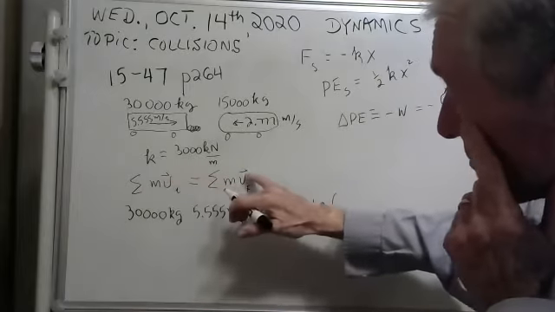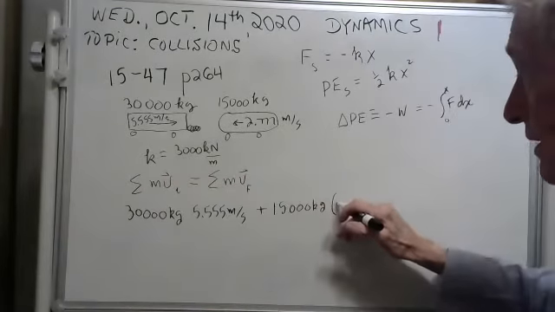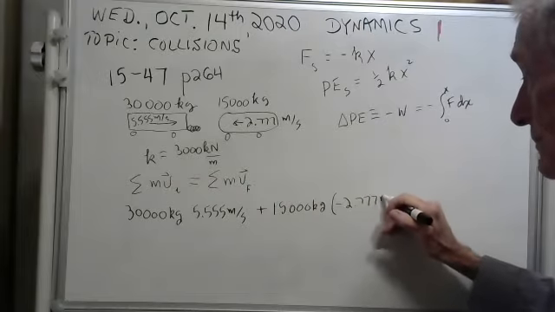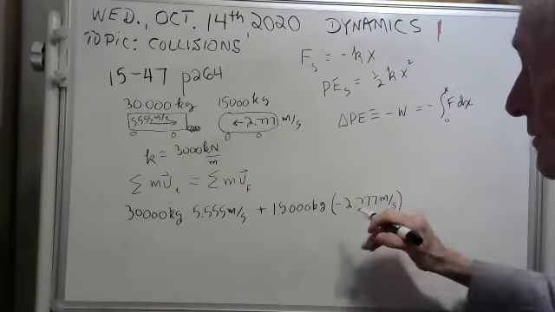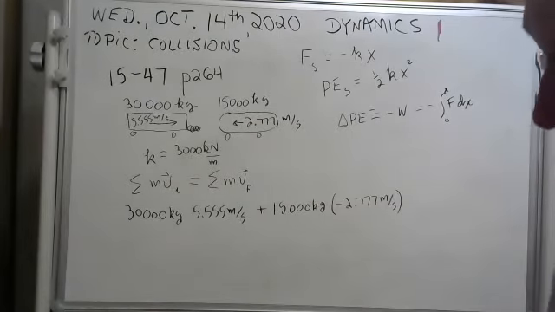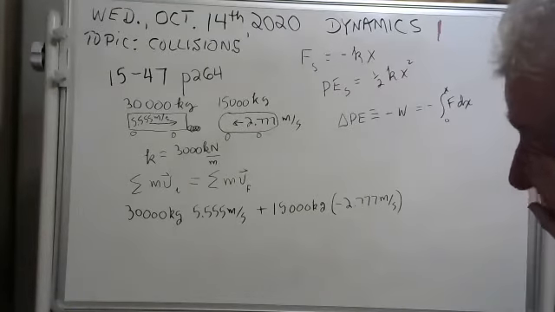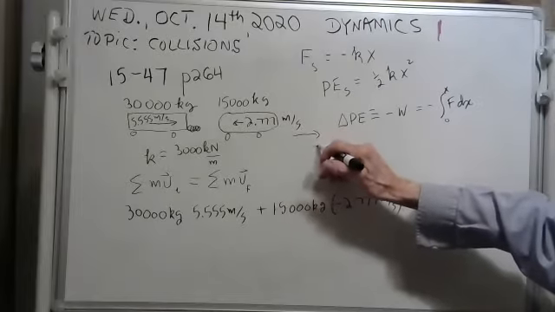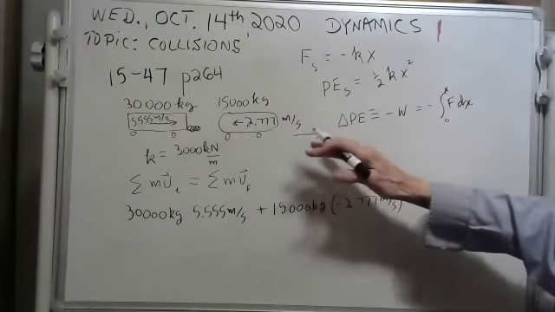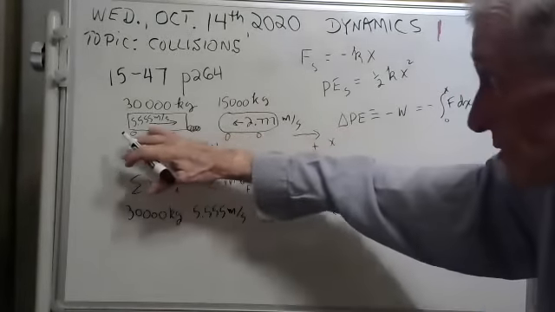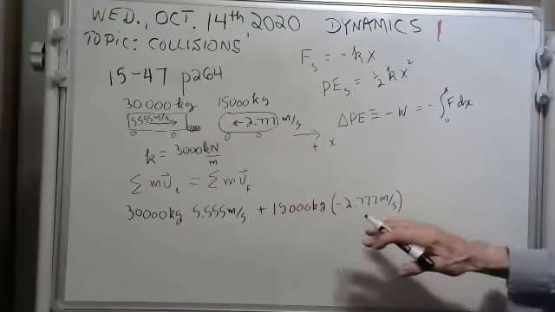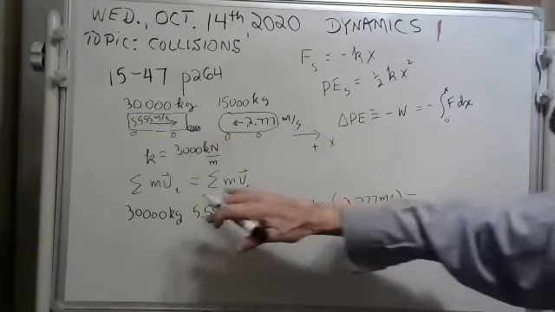You see those little vector signs over those? You have to write that as a negative 2.777 because it's going to the left. It's a vector. See, the positive x direction is going to the right, and this one's going to the right, so it's positive. But this one's going to the left, so it's negative.